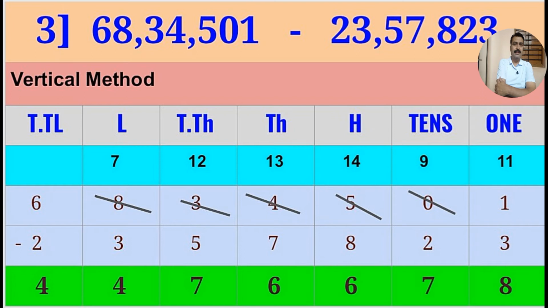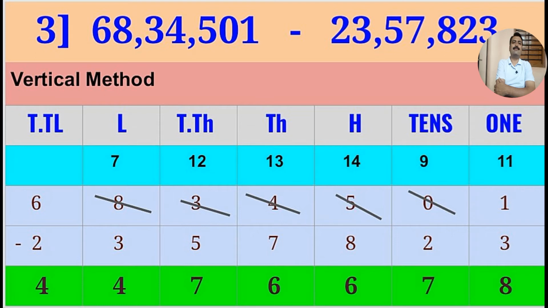Both numbers given in this third example are of 7 digits, so we make 7 columns in this vertical arrangement. First, obviously ones, second tens, third hundreds, fourth thousands, thereafter fifth 10,000s, sixth lakhs, and the seventh column is of 10 lakhs.